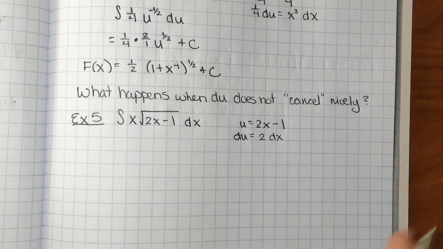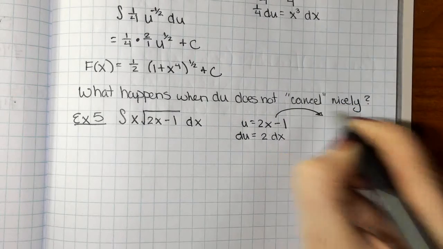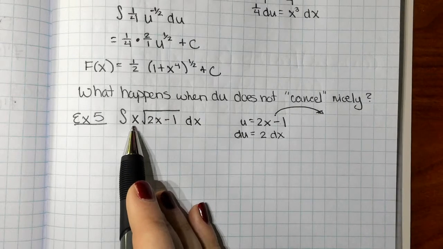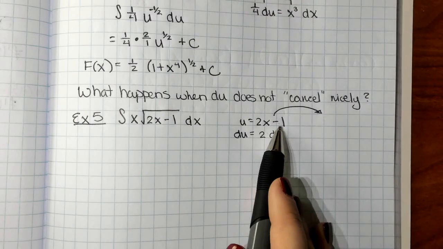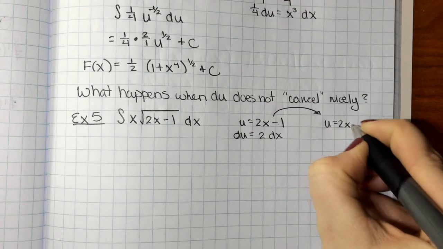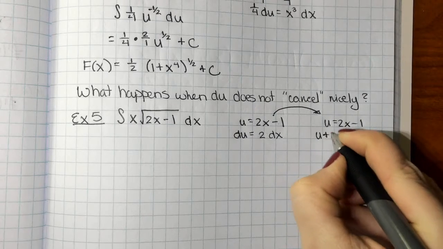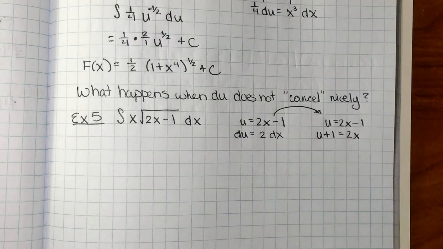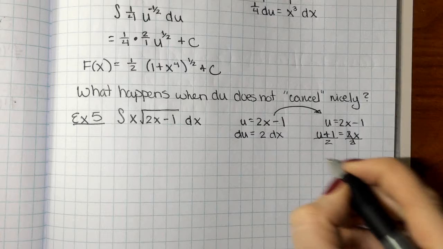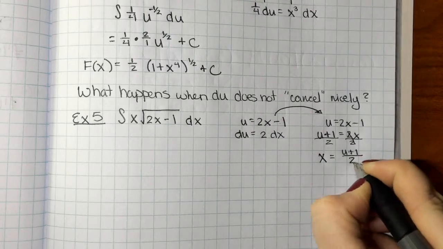So you're going to take this equation so that I can replace this x with whatever u is. First step would be to add 1, and then the next step would be to divide everything by 2. So therefore, I get that x is equal to u plus 1 over 2.